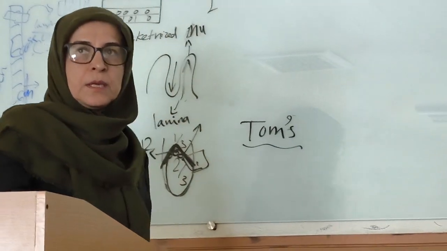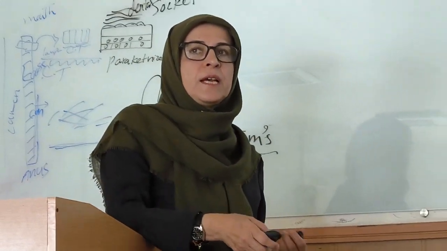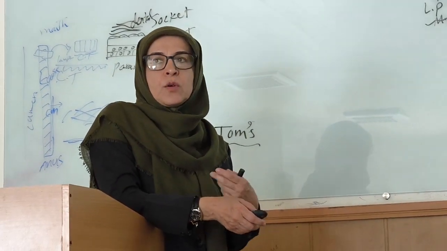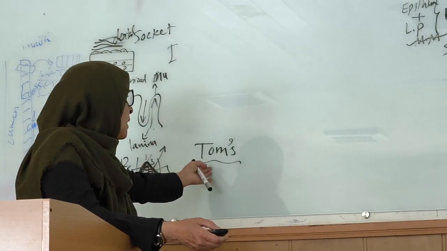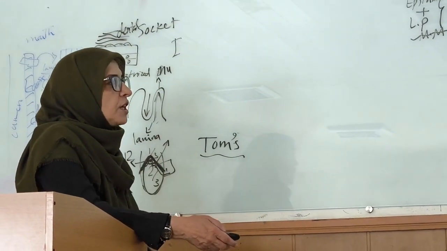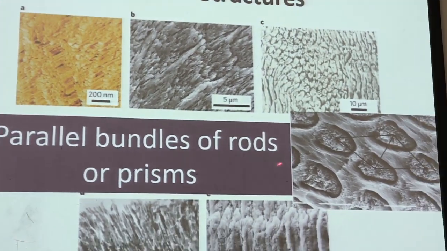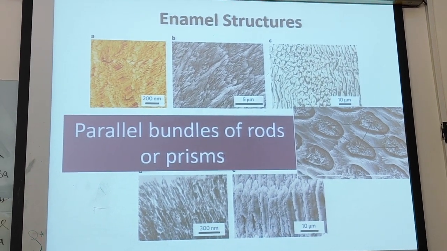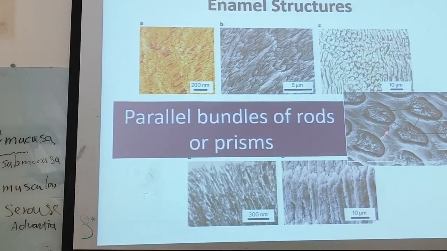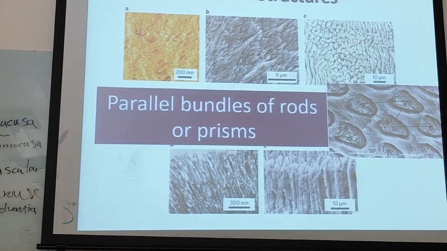The secretion of the mineralized or unmineralized matrix is done by this location, and they form structures called enamel rods in the enamel, which we can see with the electron microscope.